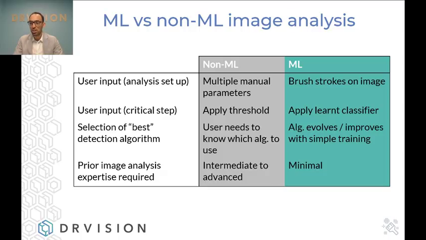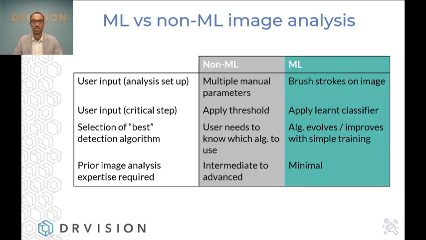With machine learning, because the tool itself is evolving as you teach it, you don't have to pick a particularly correct one, because it's going to evolve. And of course, you can decide which features you want, and that can have an impact. But generally speaking, if you use our standard set, it will produce a good result. And you can, of course, turn them all on. The penalty there is it takes a little bit longer to train. But the key thing is it evolves, whereas the non-machine learning one will not evolve and will not adjust.